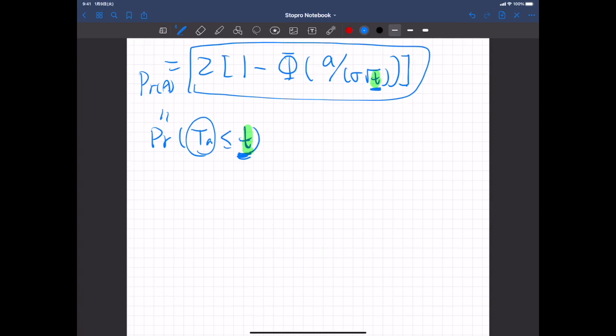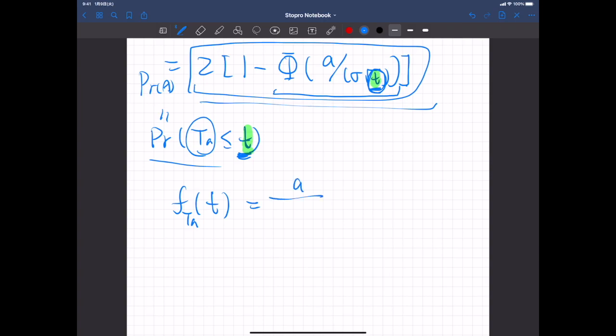Okay, so that means if we differentiate this function with respect to t, we have the density function of the first passage time. That would be, well, we have the cumulative distribution function of the normal distribution here, but here in this case the variable is this t. So if we differentiate it, we should have this result. That is a little involved, but very similar to the normal distribution.